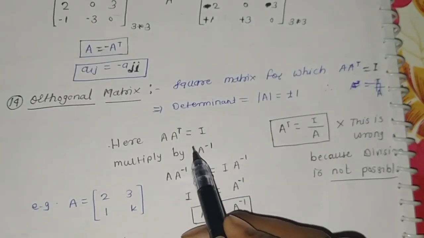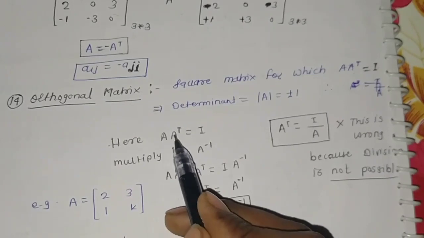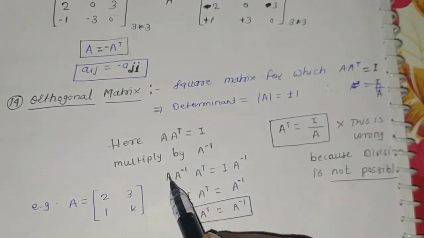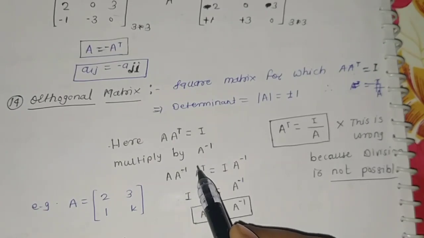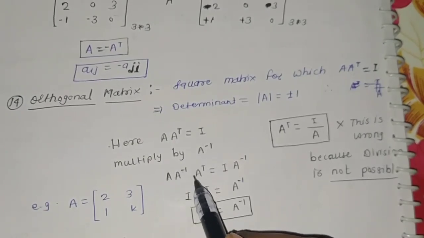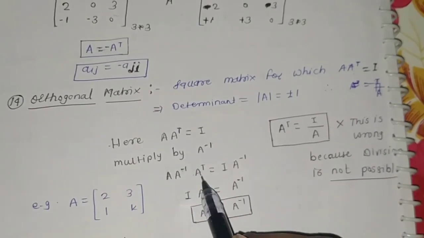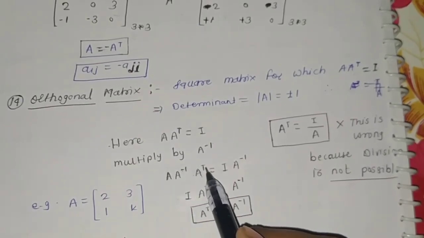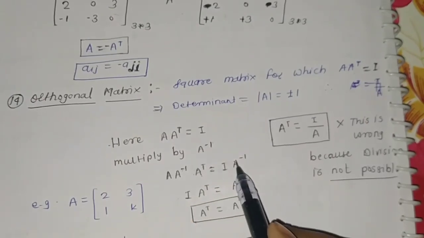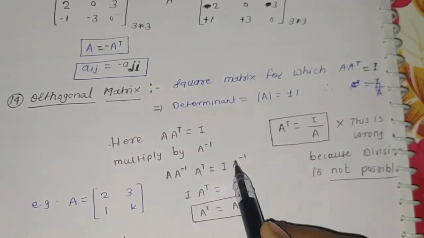So multiply by A inverse to both sides. A into A transpose is equal to I into multiplication by A inverse.